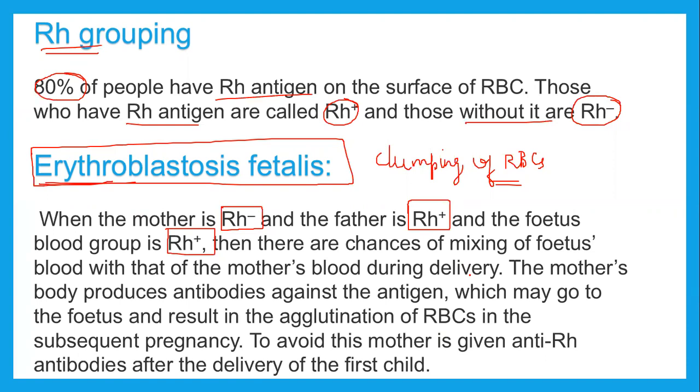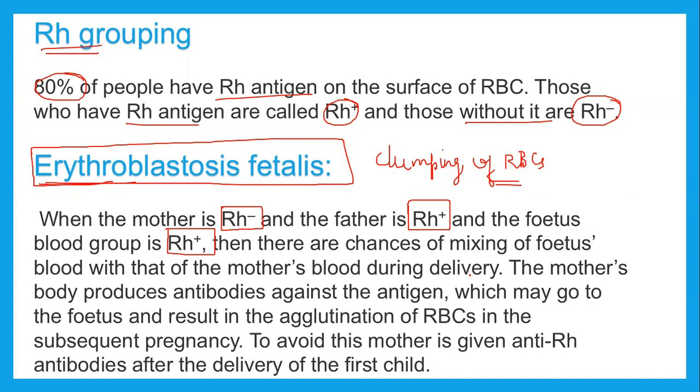But at the time of the second pregnancy, if the condition repeats, Rh negative mother, Rh positive fetus, there may be some scratches or small openings formed in the placenta.